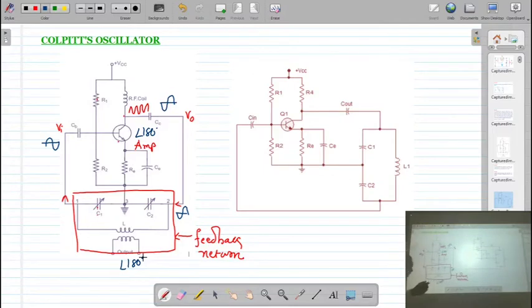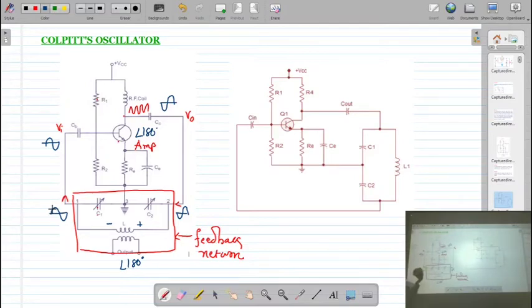Now how does it introduce that? If you look at this inductor, if this end of the inductor is positive, then the other end of the inductor is negative. So the 180 degree phase shift is introduced by this LC network. First we have a negative cycle, then after the output of this feedback network, it becomes a positive cycle.